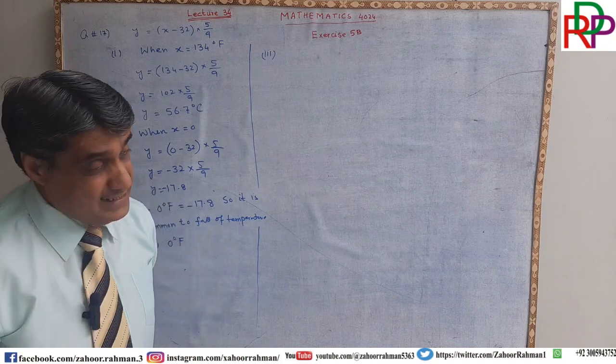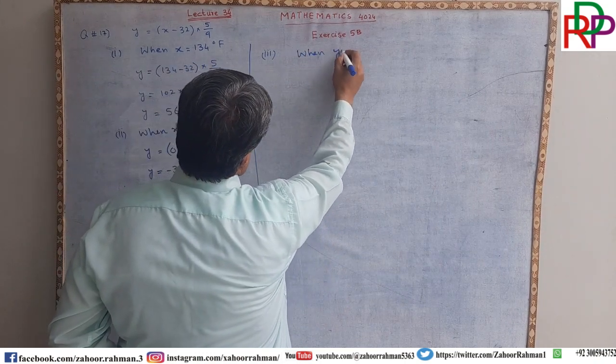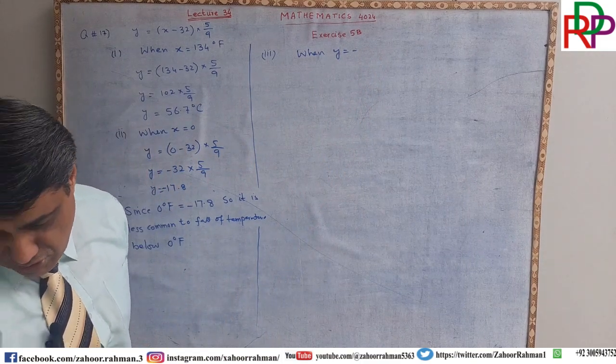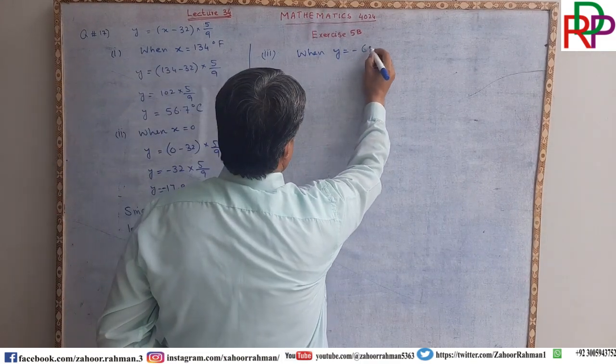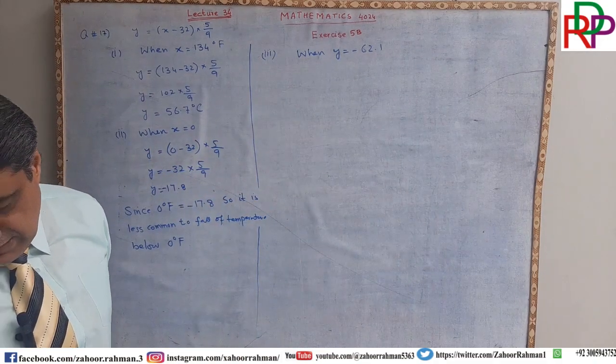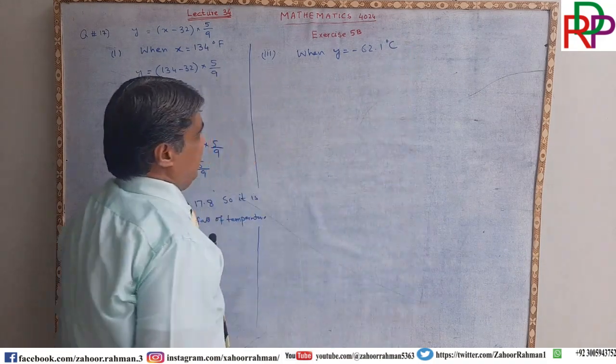So let us say that when y is equal to minus 62.1 degrees Celsius, what is the temperature in Fahrenheit?